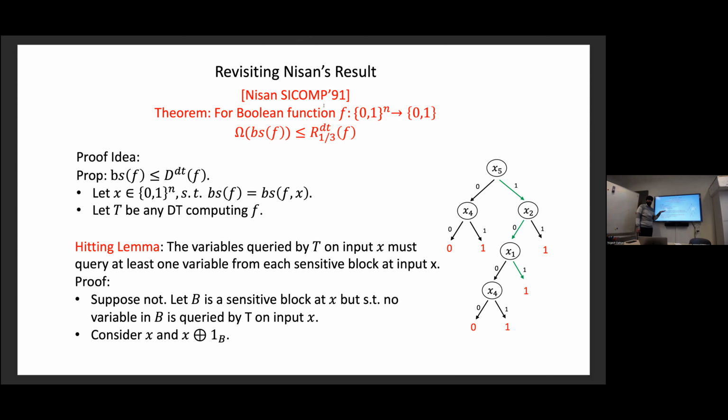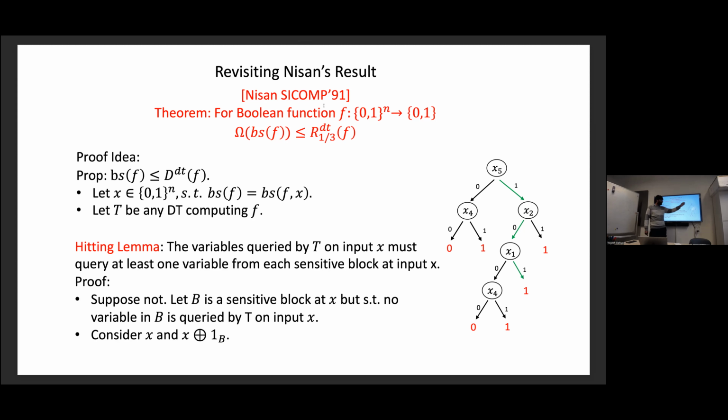Essentially, the same thing will work for block sensitivity also. Why? Because now we can say that a root to leaf path must hit every sensitive block. Because if it misses some sensitive block, then we will not be able to distinguish between X and X with that block flipped, right?